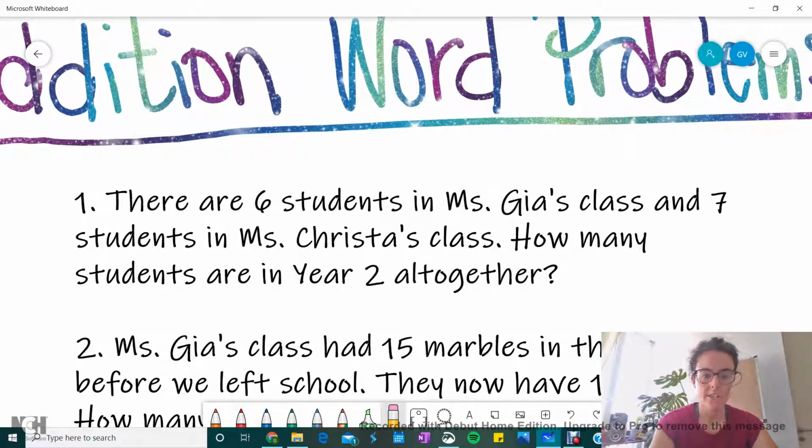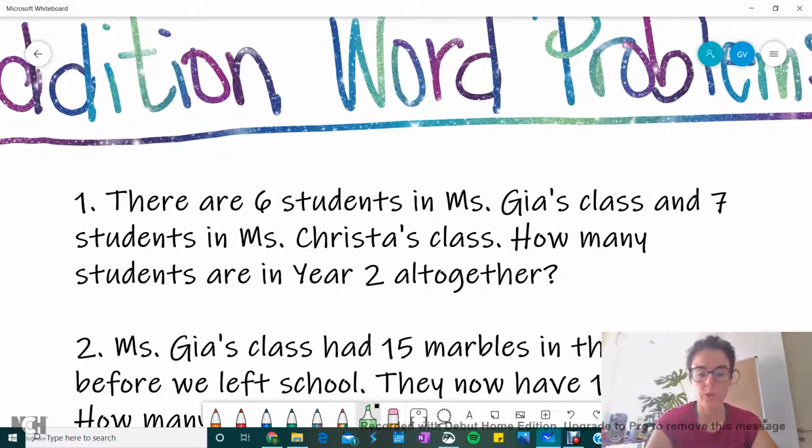There are 6 students in Miss Gia's class and 7 students in Miss Krista's class. How many students are in year 2 all together?